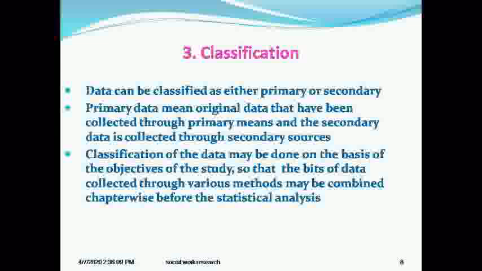The classification has to be done objective wise or chapter wise, so that the bits of data collected through various methods, both primary and secondary, may be combined chapter wise before the statistical analysis.